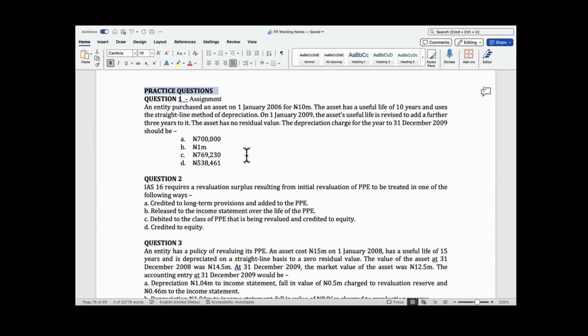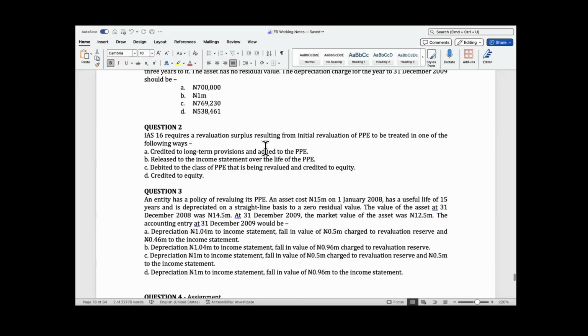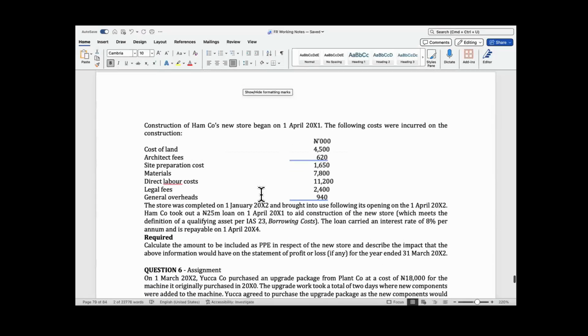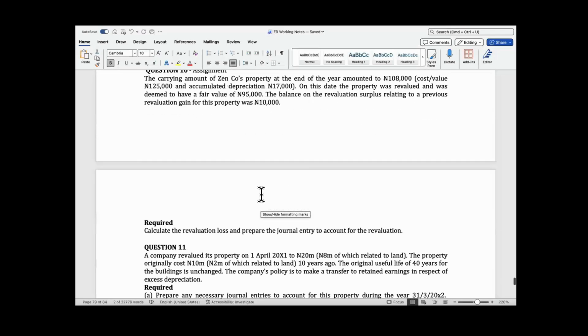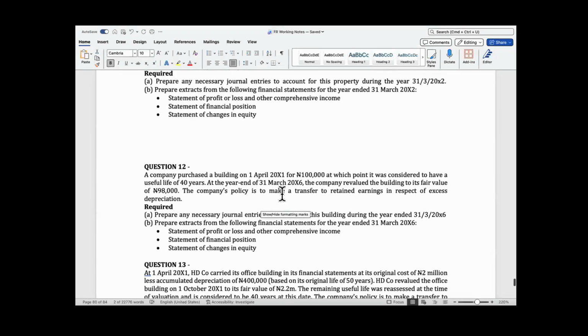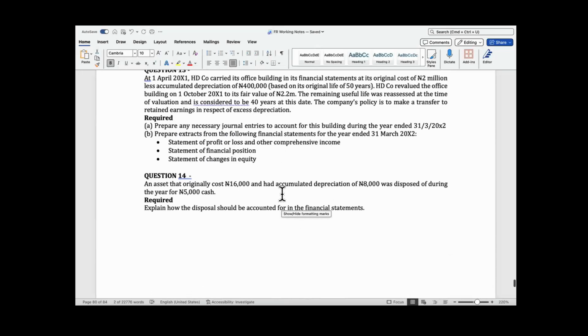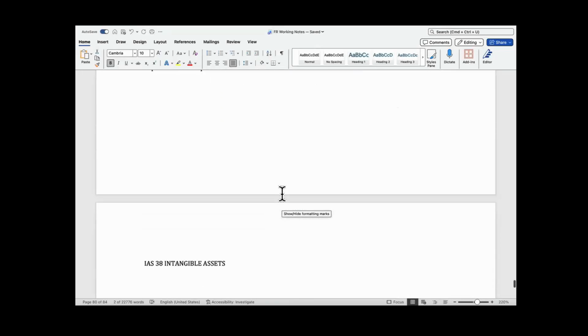You have to attempt it. Fasheito, please remind me to send you the solution to those ones that you shared. I've looked at it. He's not even in class yet, but he attempted all of it. So the rest of you, please go and attempt it. It makes you practice and makes you understand all of these things.